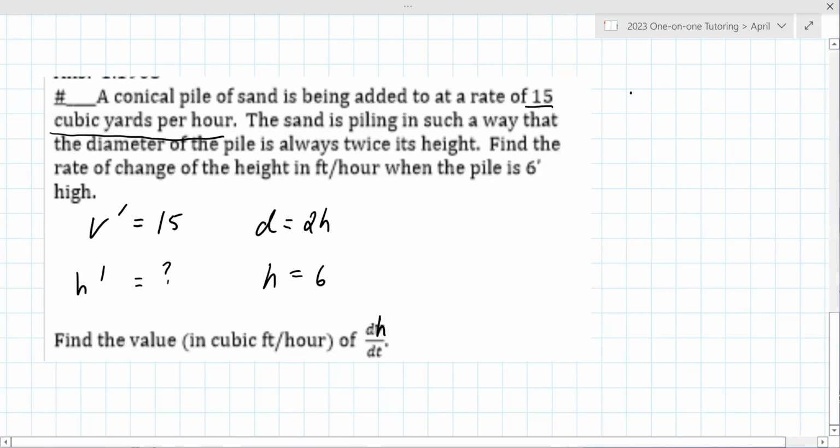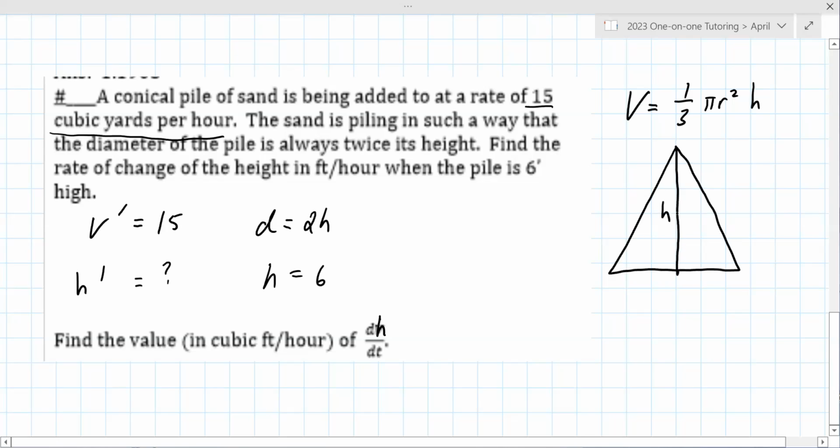All right. So volume of a cone. Volume of a cone is 1/3 pi r squared h. And if you draw a cone from its side, here's h. The diameter is this. The diameter is really 2h though, according to this information.